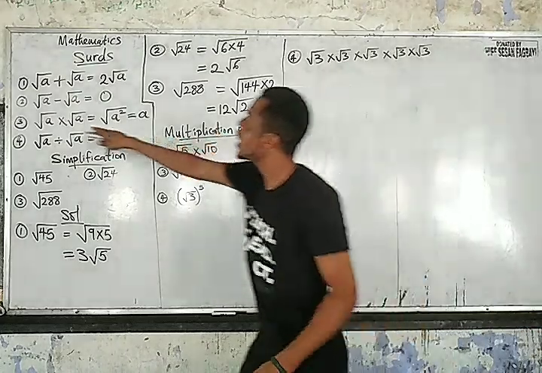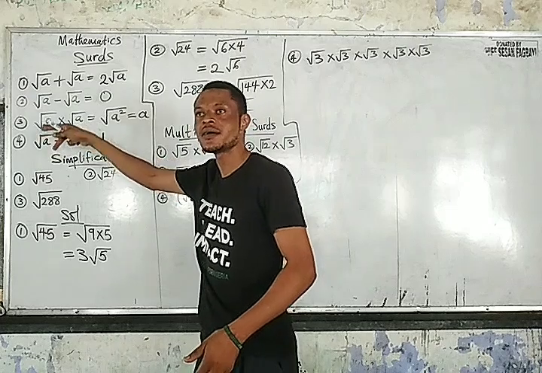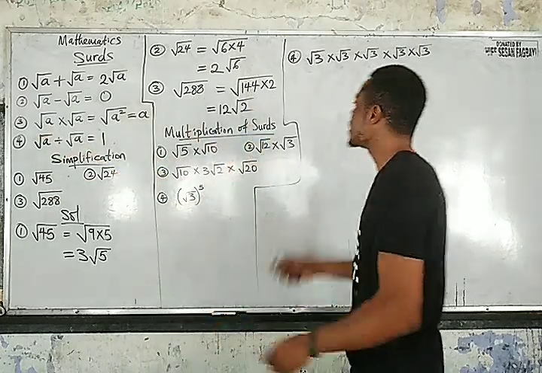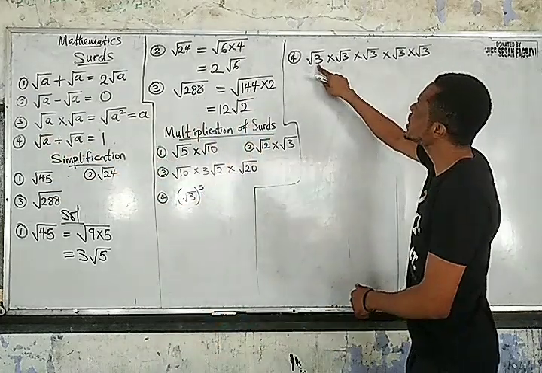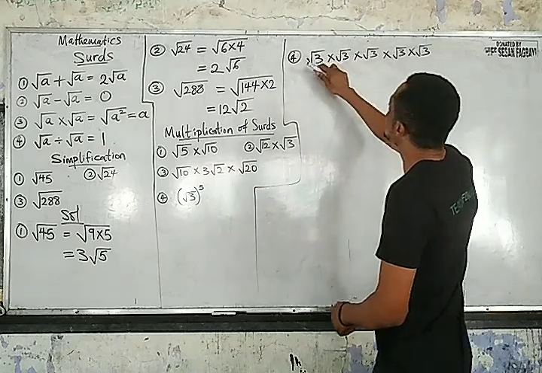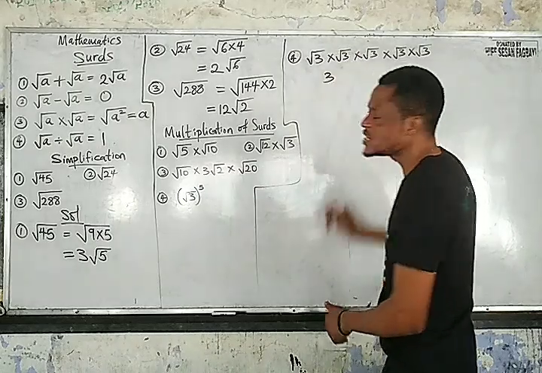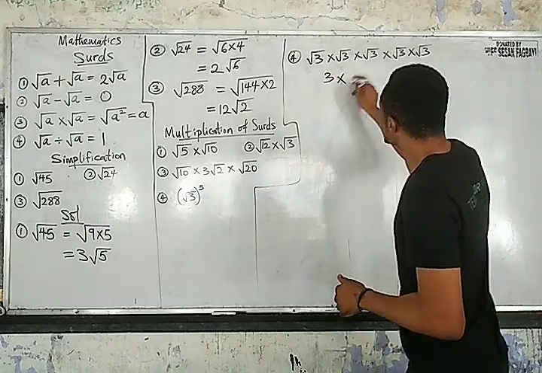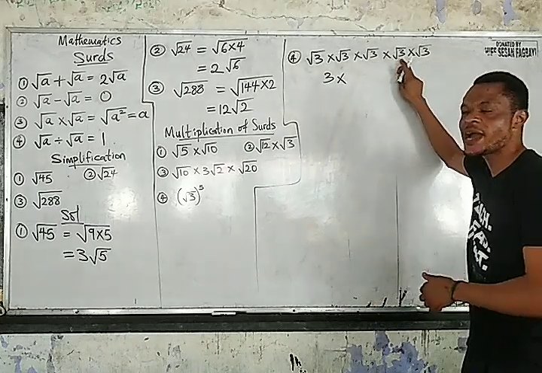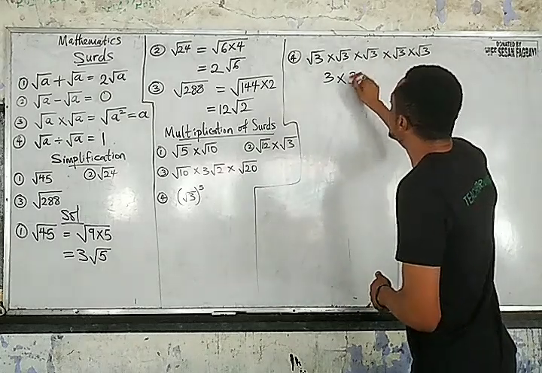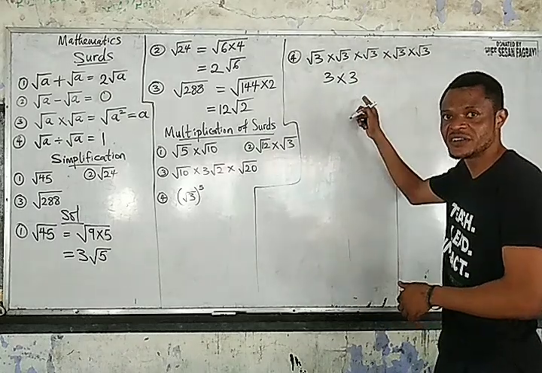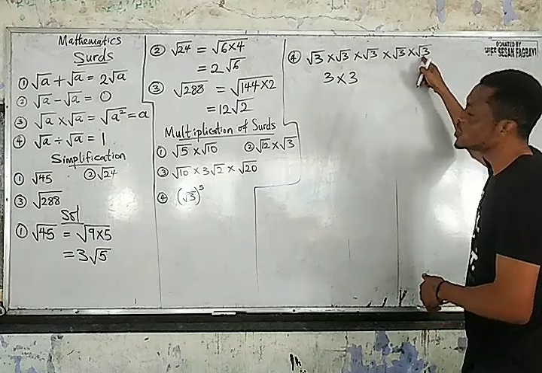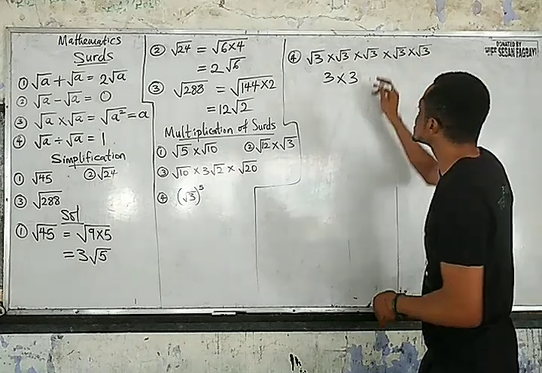Considering the law that was given here, root A multiplied by root A will be A. So we apply it here. Root 3 multiplied by root 3, we have 3 already. Root 3 again multiplied by another root 3, we have another 3. Then we have the last one, which is just root 3 standing alone.